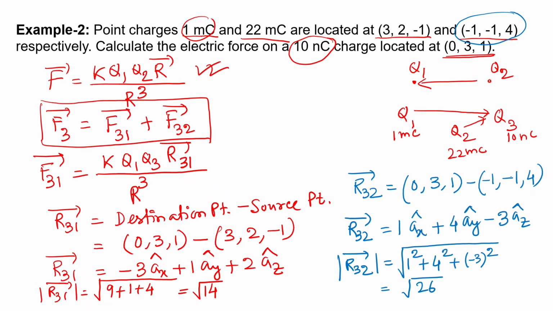So once we have got these values, as we did in the previous problem also, we'll replace the values in the final expression. So first is my F31, which is nothing but K, that means 9 into 10 to the power 9, and the value of Q1, which is 1 microcoulomb. So I will replace it with 1 into 10 to the power minus 6, and Q3 as given in the question is 10 nanocoulomb, so 10 into 10 to the power minus 9.